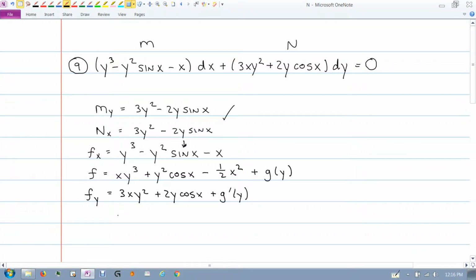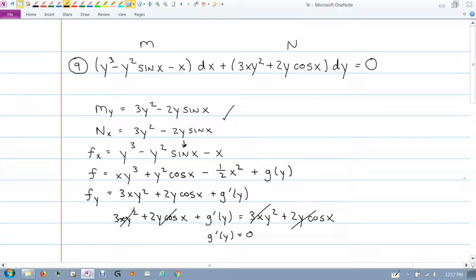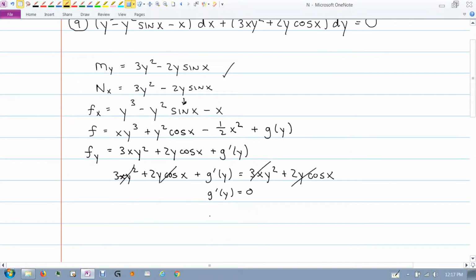And then when we set that equal to the N function, we see that they match up exactly. So everything's going to cancel. And that means that g prime of y is 0. And what that tells us is that g of y is just some constant.